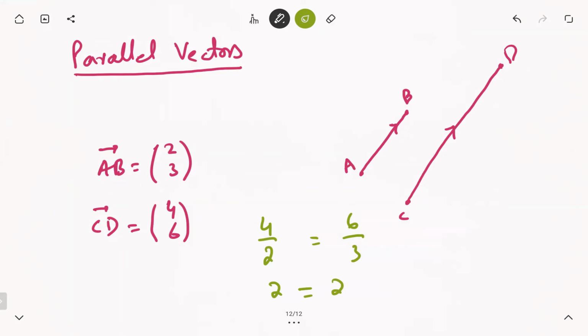The ratio of the x component and the ratio of y component will be equal.